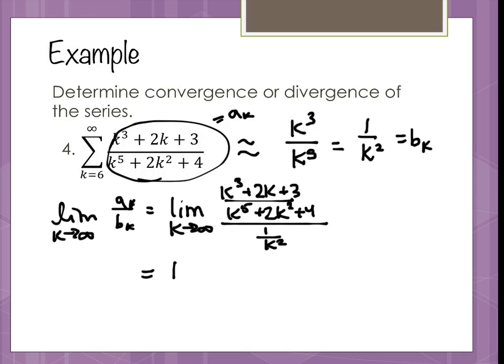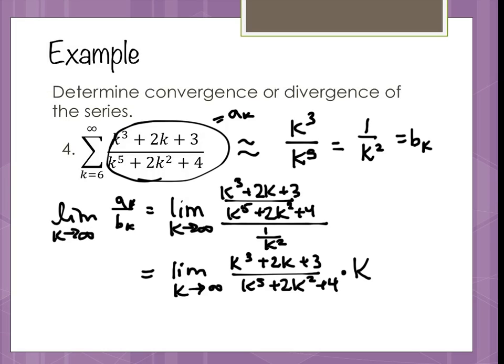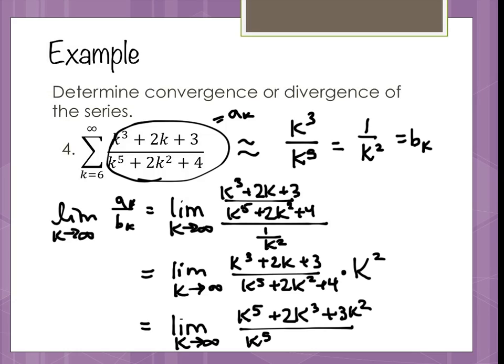Mathematics that you know before tells you that if you have a fraction on top of a fraction, you can multiply by the reciprocal, and the reciprocal of 1 over k squared is simply k squared. So this becomes the limit as k goes to infinity of k to the fifth plus 2k cubed plus 3k squared over k to the fifth plus 2k squared plus 4.